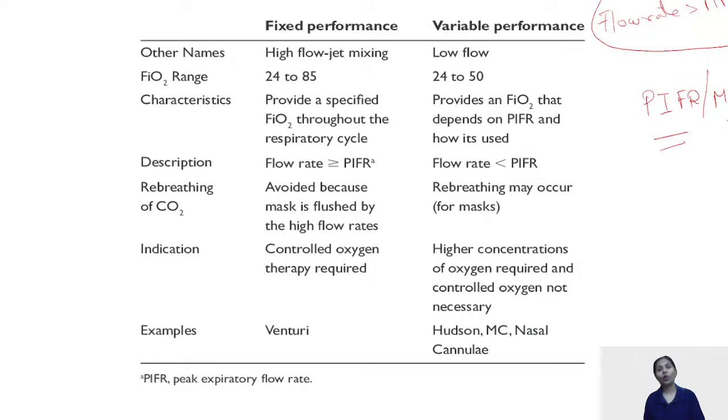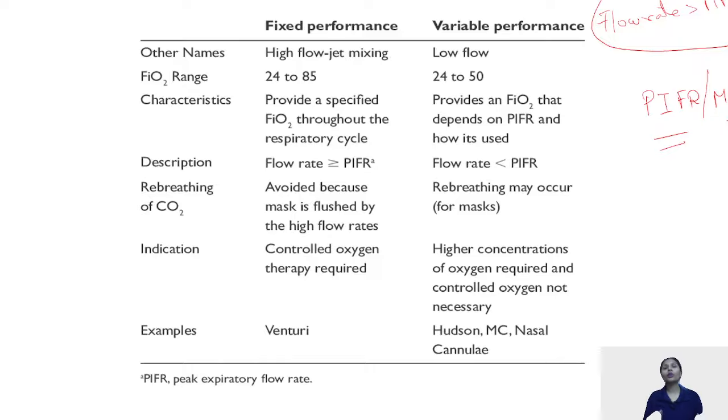It is just the vice versa in variable performance. They are low flow gases and thus they are not able to make up to the peak inspiratory flow rate of the patient, because of which, in order to maintain that flow rate of its own, the patient has to entrain air from outside, and thus the FiO2 which the device is providing will get diluted because of that entrainment of air, and thus we'll have a variable FiO2.